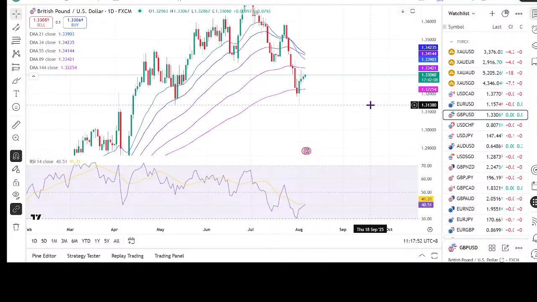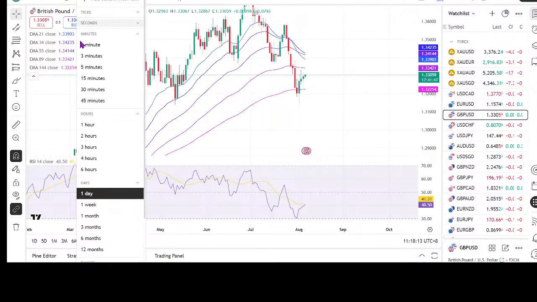So that is something we need to look at. And remember that for the pound, we have an interest rate announcement tomorrow, and the market is expecting a cut. So we can expect the strength until this announcement. Then after that, we may see the price turning down.